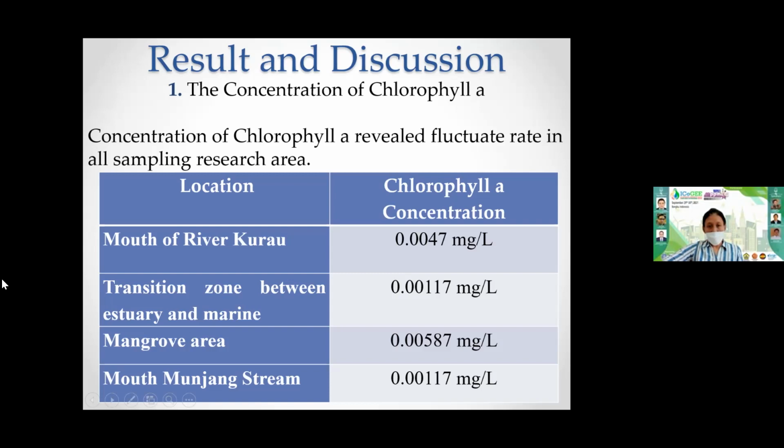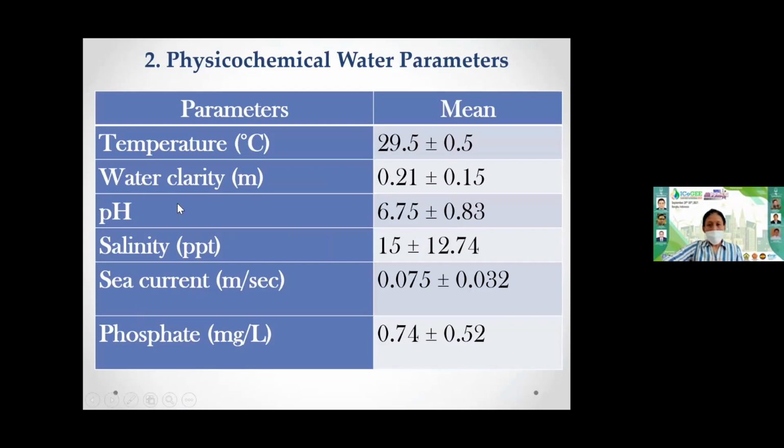I assume this low concentration is because of the very turbid water in that area, so the water clarity is very low. It's about 0.21 meters.